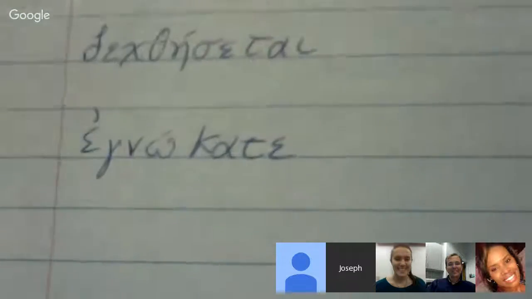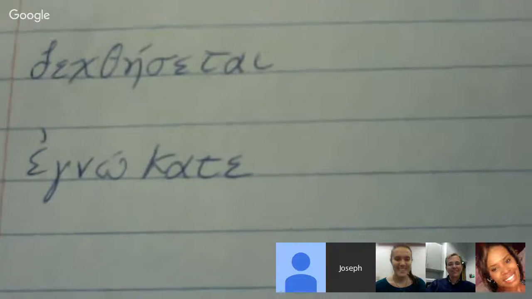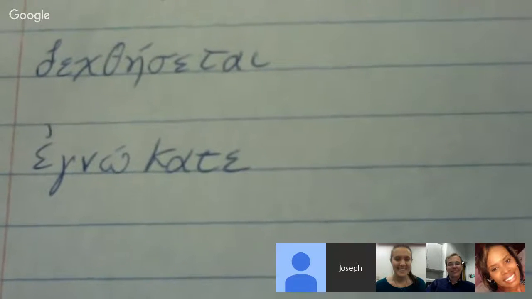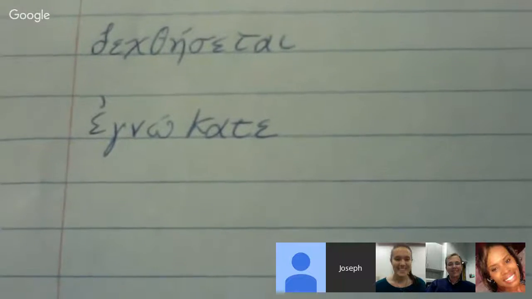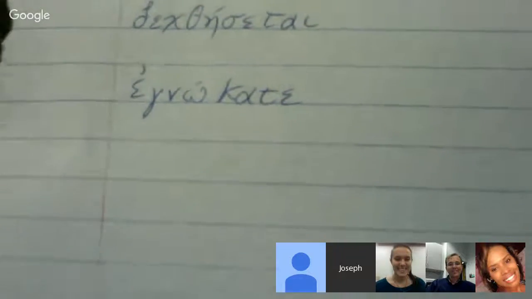What is that? The augment and the kappa. Okay, but those tell you conflicting things, right? One looks aorist, the augment. The other one looks what? Perfect. It can't be both.